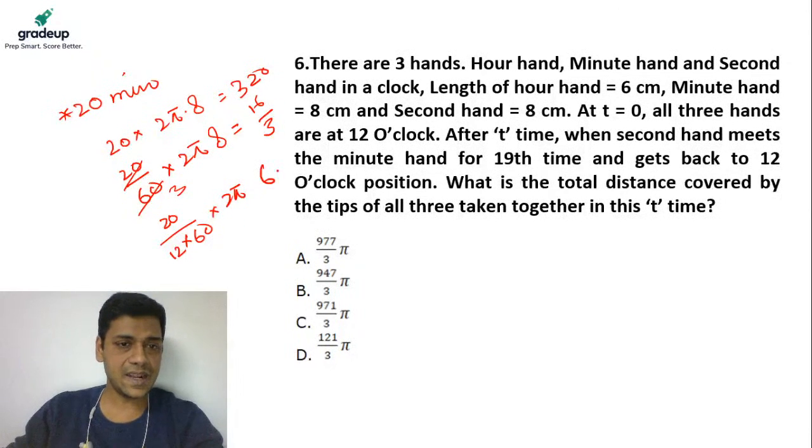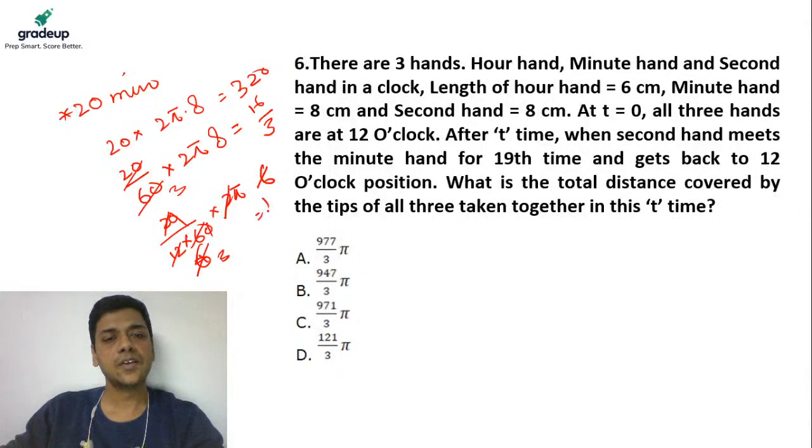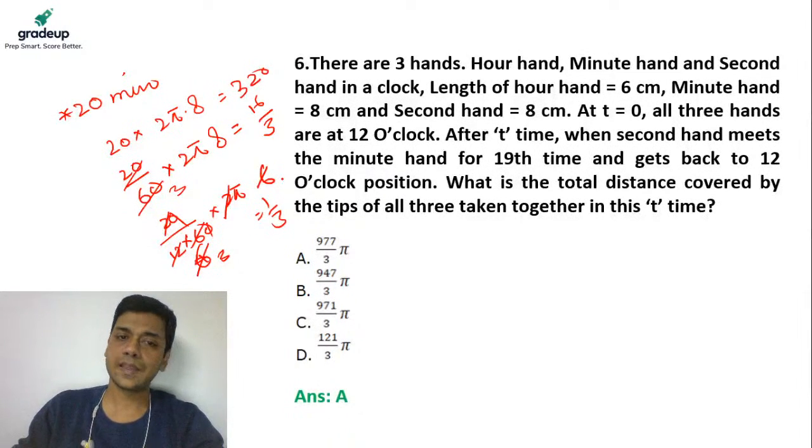And herein, the 0s will get cancelled out, the 6 will get cancelled out, and you will get 1 by 3. If I add all of this, you will get 977 upon 3.